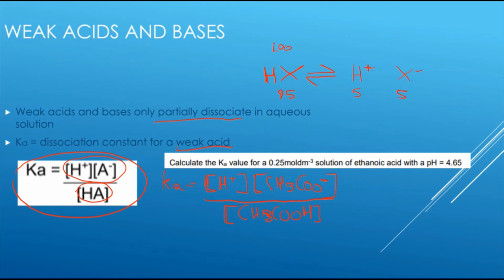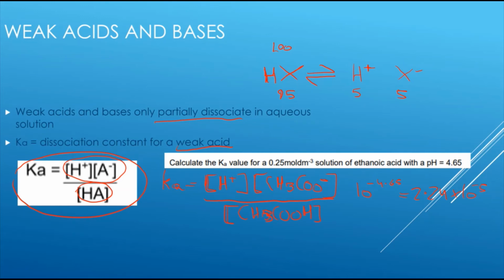And then we could find out the concentration of H+. So you could just do 10 to the power of minus 4.65 because the pH is 4.65, and this would give us the concentration 2.24 times 10 to the power of minus 5.